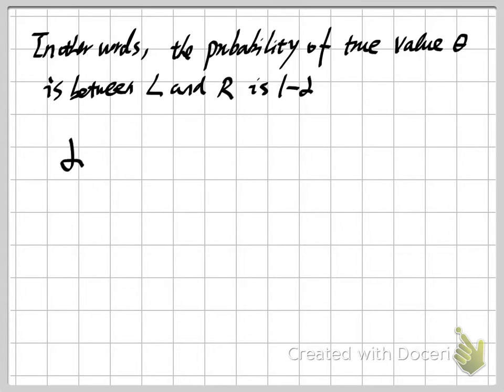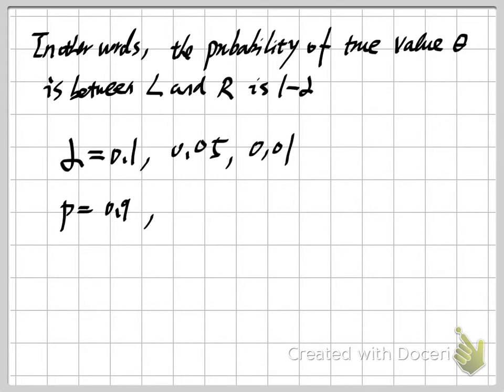Here are some very common values of alpha. In general, we can choose alpha equal to 0.1 if we don't need the probability to be really large. That will give us a probability of about 0.9. Also alpha can equal 0.05 or 0.01, which gives us confidence levels close to 0.95 and 0.99.